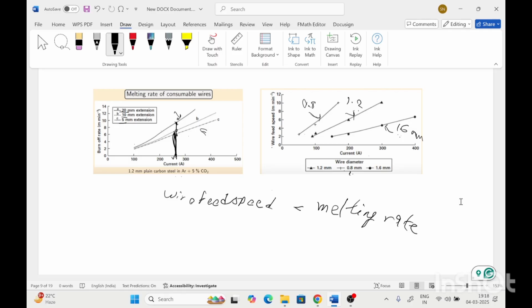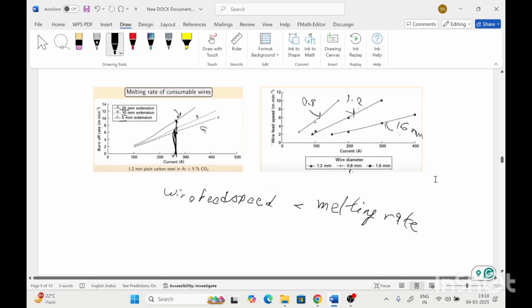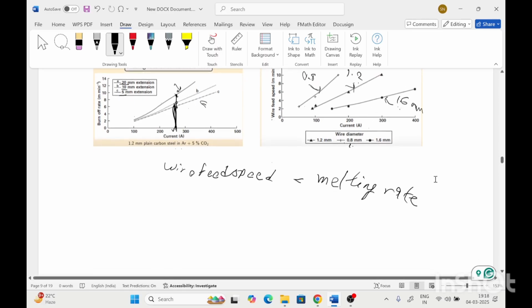No, voltage will not contribute to increasing the melting rate, because if the voltage increases, the arc stability will go down. For a better welding process, we need a stable arc.